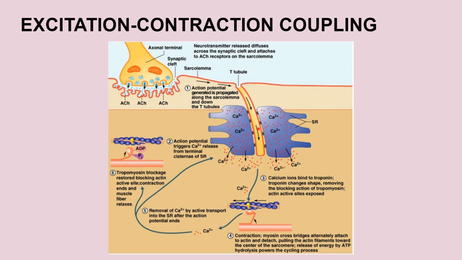So this DHP receptor will activate the RYR receptors, and these RYR receptors, which were closed, will now open and release the calcium present inside the L tubule into the sarcoplasm of the muscles. As you can see, the calcium inside the L tubule came out into the sarcoplasm, right?